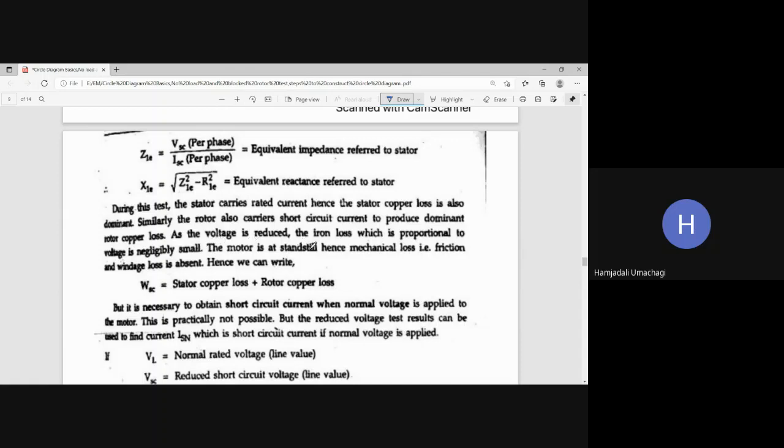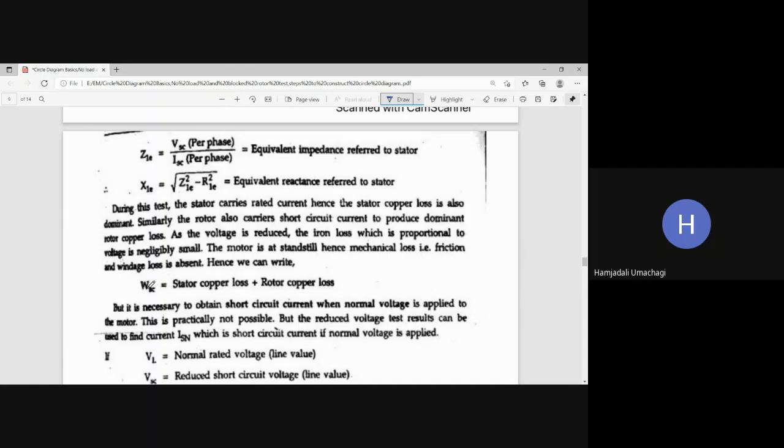The motor is at standstill, hence mechanical loss, that is friction and windage losses, are also absent. Since we are blocking the rotor, meaning we are not allowing it to move, friction and windage losses will be absent. Hence we can write that WSC, the short circuit power, is simply the stator copper loss plus the total rotor copper loss.